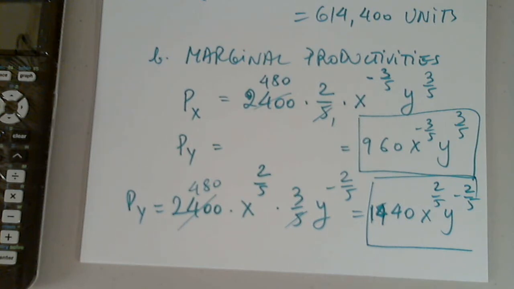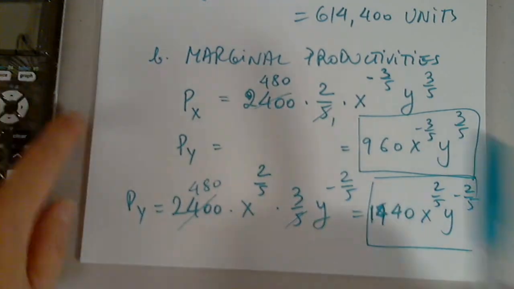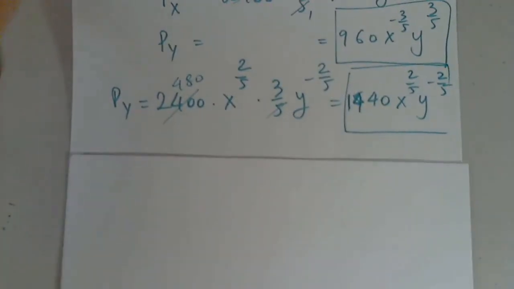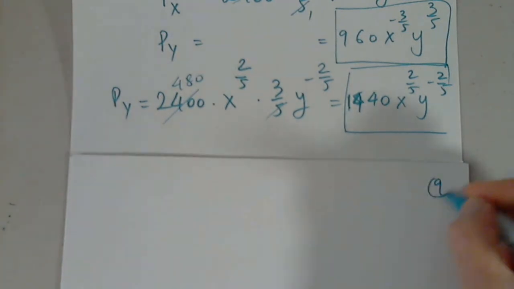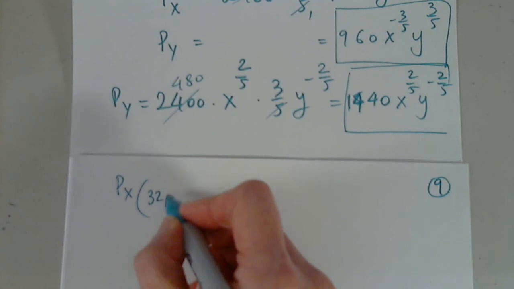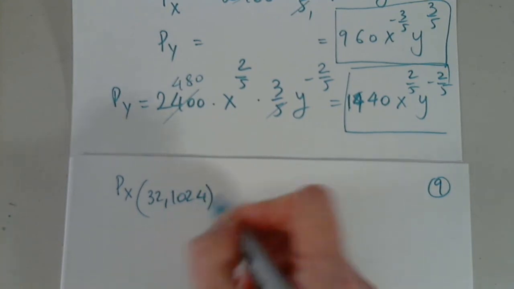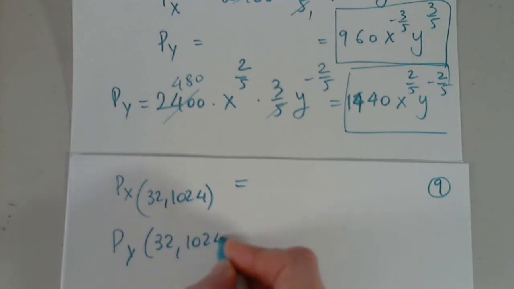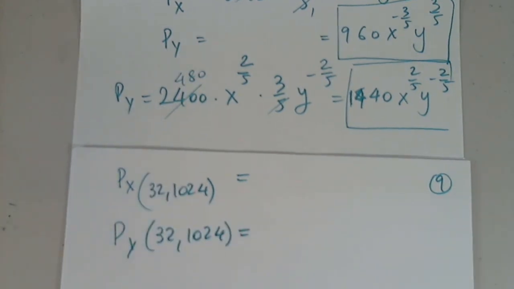Evaluate the marginal productivities at the same values, 32 and 1024. No problem. All I have to do is just plug it in. So Px evaluated at 32, 1024, and Py evaluated at 32, 1024. Okay.